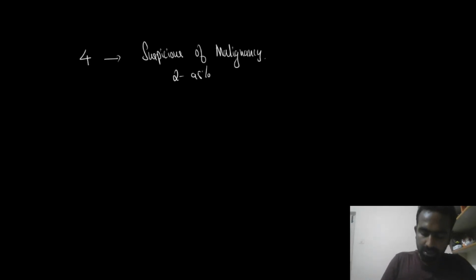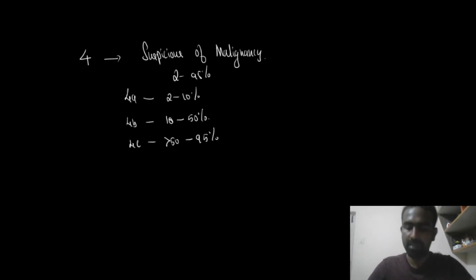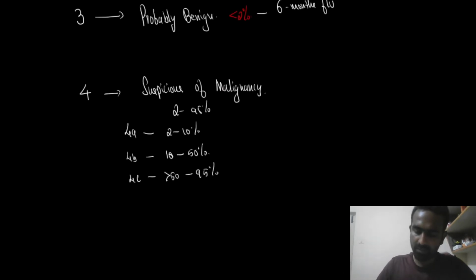Now it is divided into 4A, 4B and 4C. 4A is 2 to 10% risk of malignancy. 4B is 10 to 50% risk of malignancy. And 4C is more than 50% to 95% risk of malignancy. What do we do for this? For BIRADS 4, we advise biopsy.